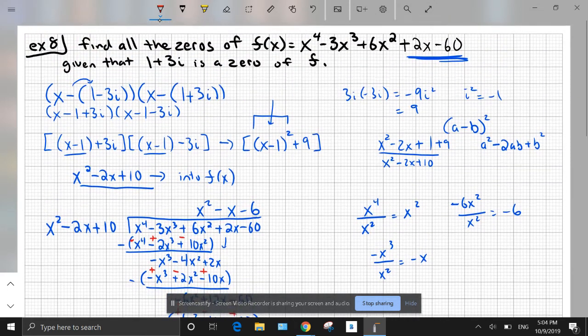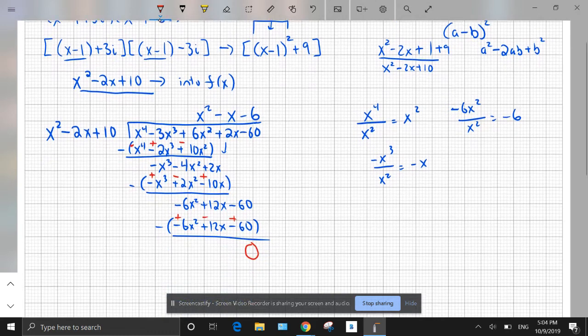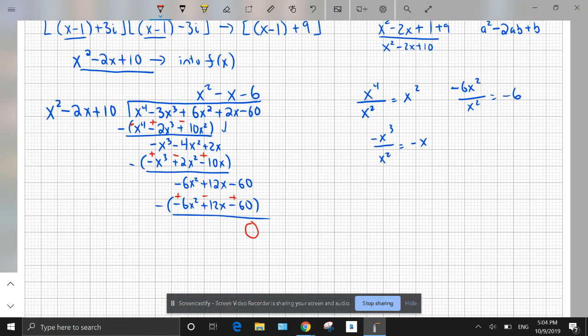All right, so what are we looking for? Find all zeros. Okay, so we're going to get this, x squared minus x minus 6. This one should be pretty simple to factor. So we have x and x. Two numbers that multiply to give us negative 6, and when you add them give us negative 1. So that could be negative 3 and plus 2.